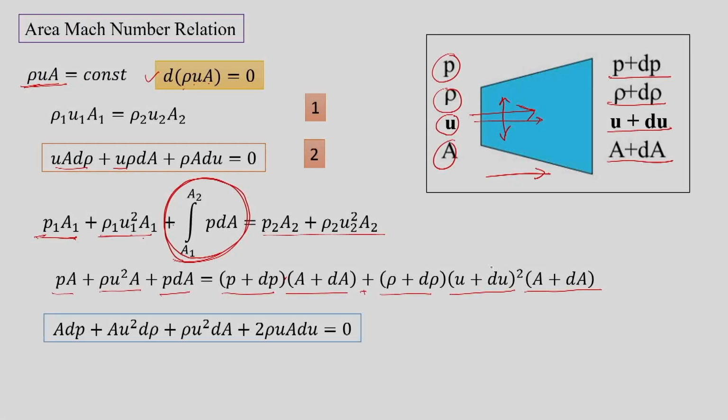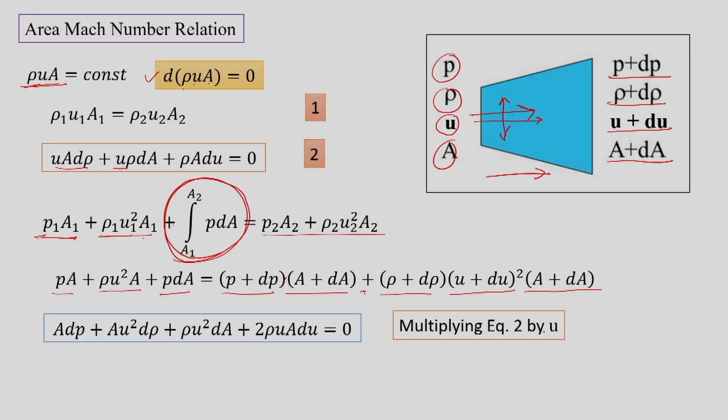After expanding this, and as in the earlier case neglecting all second order terms, we get an expression: A dP plus A u square d rho plus rho u square dA plus twice rho u A du.